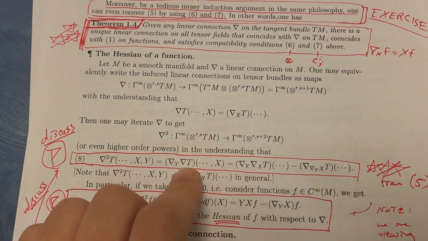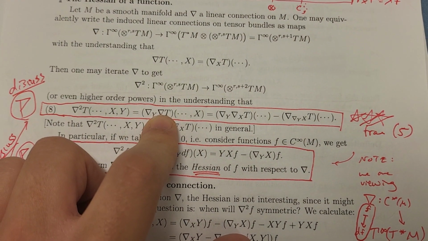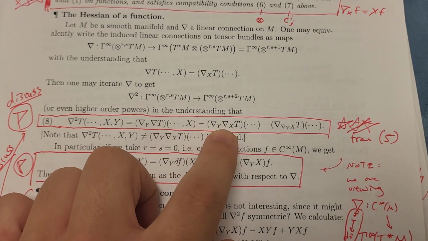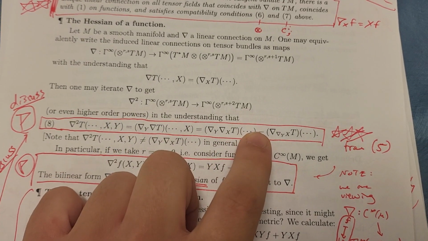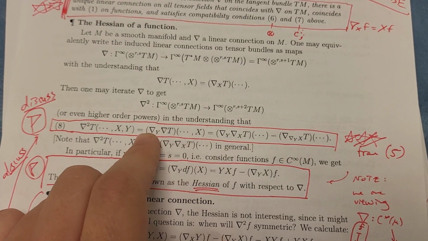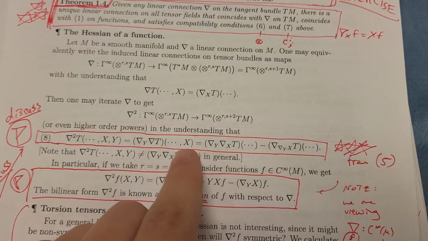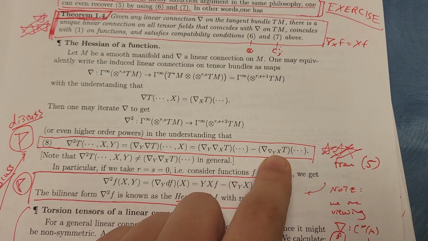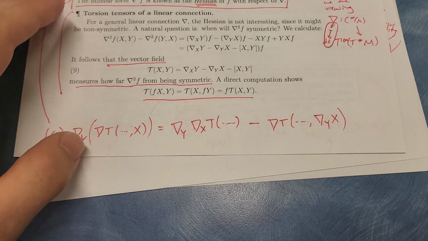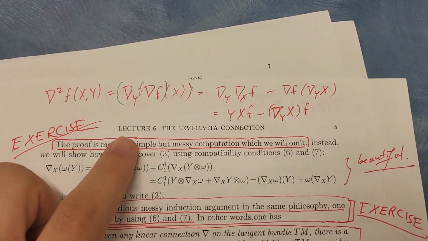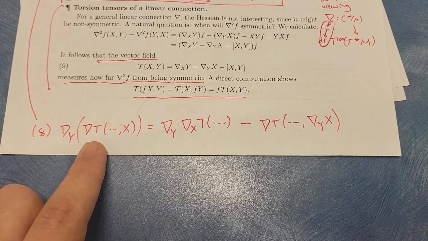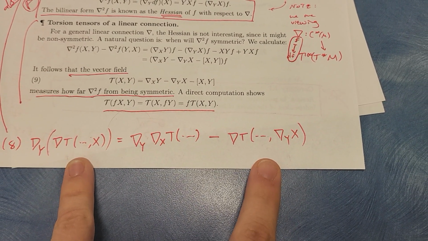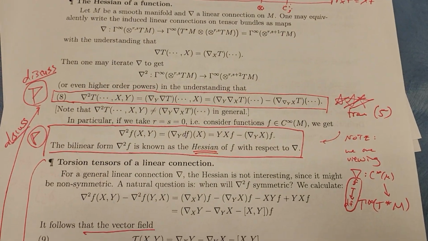So we first take nabla_Y of this nabla T evaluated on its component, that is nabla_Y nabla_X T, minus nabla T evaluated on the covariant derivative of the component, that is nabla T of nabla_Y X, which is by definition nabla in the direction nabla_Y X of T. I wrote this out here to explain this.